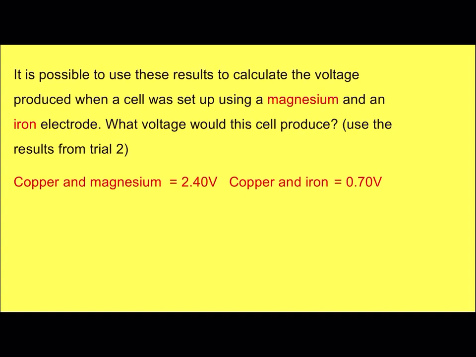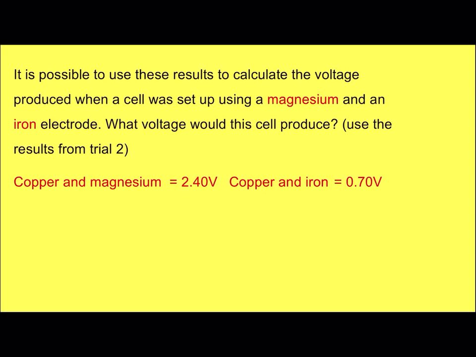Now, we don't even have to connect the magnesium with the iron to work out the voltage it would have created. Can you think, even without doing the experiment, how do I know what the voltage that the magnesium and iron electrode would have created?